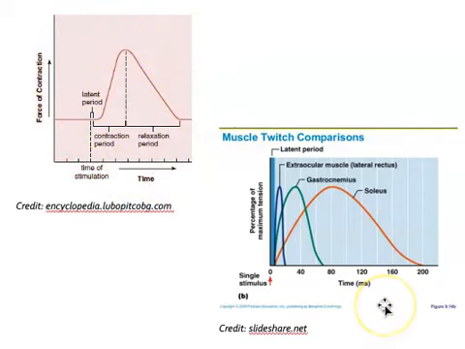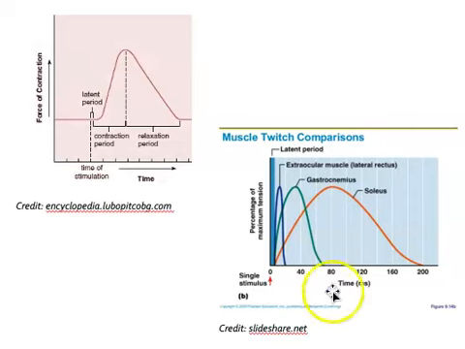The timing of the twitch is going to vary depending on the muscle you're looking at. That's because of the physical size differences of muscles, number one, and the distribution of fiber types. Fast twitch, slow twitch, oxidative, glycolytic, all those things that we talked about.